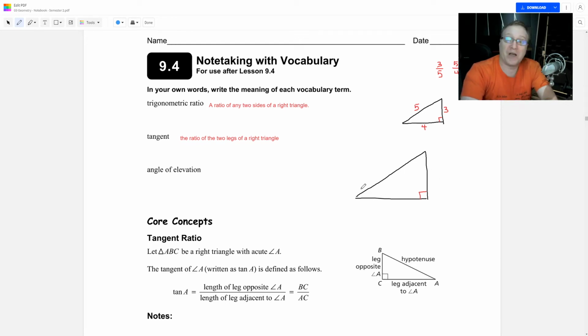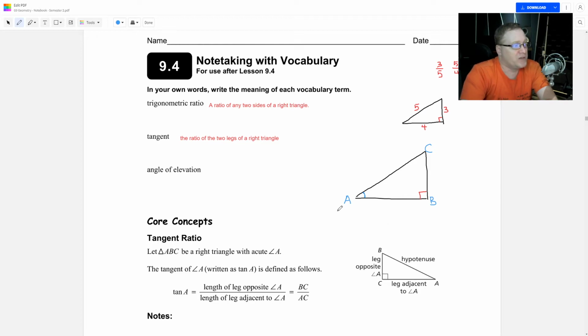All right. Now, we can just pick one of them. Let's say this one, and let's give it a name. I'm going to call this A, and maybe I could call this B, and I could call this C. All right, and we are going to talk about angle A right now.